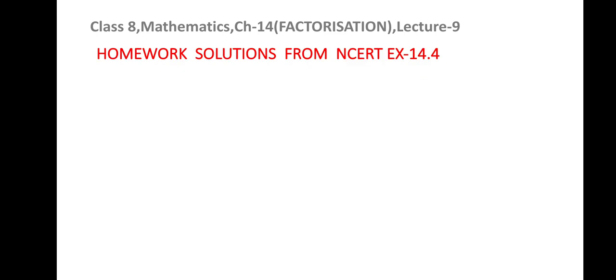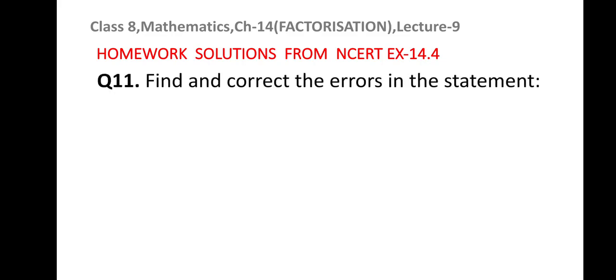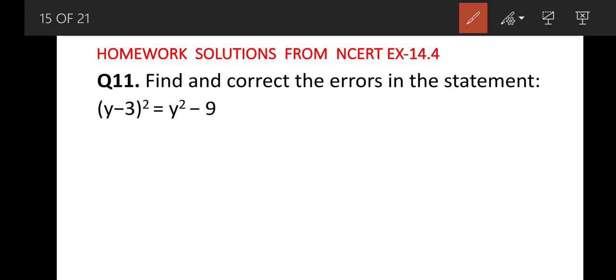Now let us talk about homework solutions from NCERT exercise 14.4. Question number 11 is: find and correct the errors in the statement. Dear children, as I discussed earlier, for (y − 3) whole squared we need to apply identity number 2.